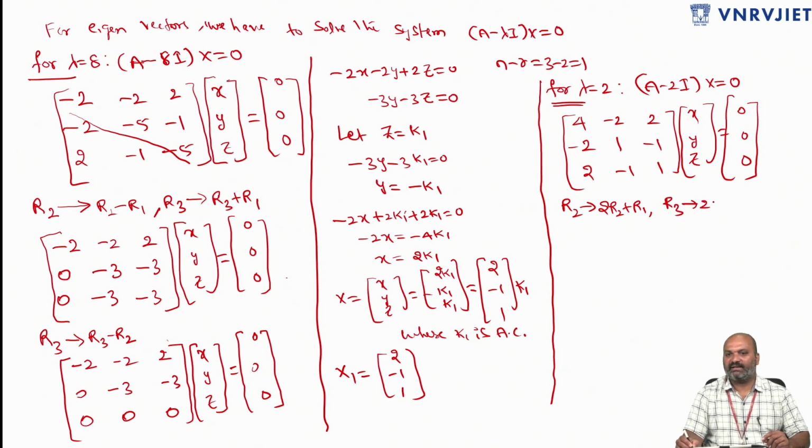Let's multiply the third row by 2, 2R3, and subtract the first row from it. Now what is the resulting matrix? The first row we are not changing: 4, minus 2 and 2. But in the second row, 2 into minus 2 is minus 4, plus 4 is 0, and 2 into 1 is 2, 2 minus 2 is 0. Similarly, if you proceed, this becomes 0.